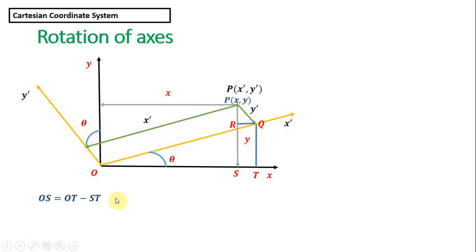An important point to note here is that ST is actually equal to QR, because ST is parallel to QR, so we can replace ST with QR, and the reason is that we will be using this right angle triangle here to later relabel QR.